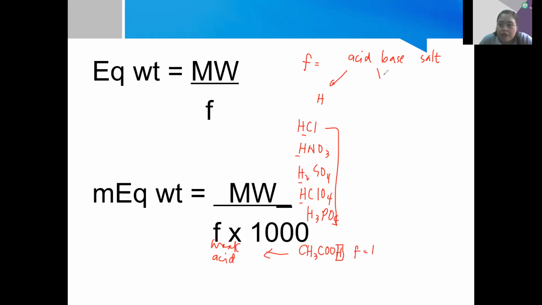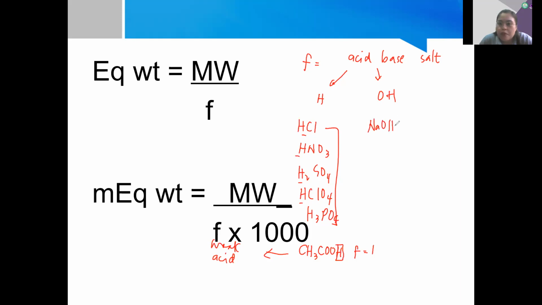Now, for the base, again, according to the Arrhenius theory of acids and bases, when you say base, there is the presence of hydroxide. So you just have to count also how many hydroxides are present in the compound. And most likely, you will identify them using the subscript.